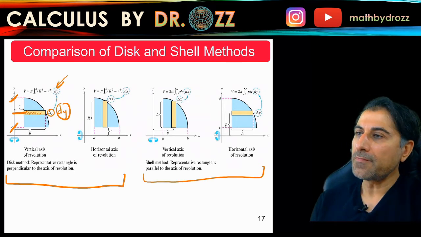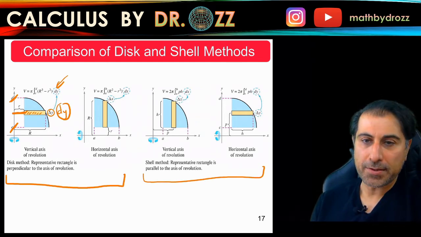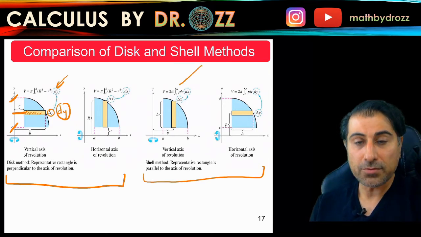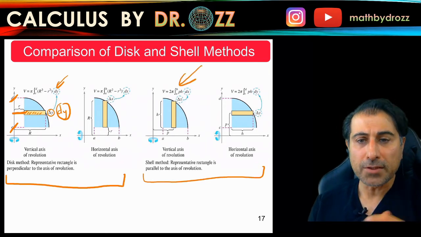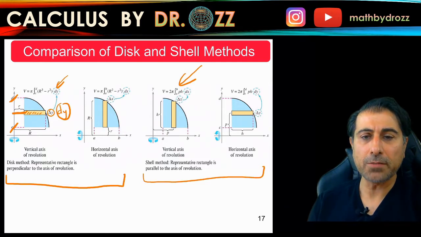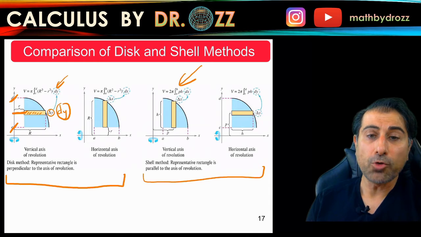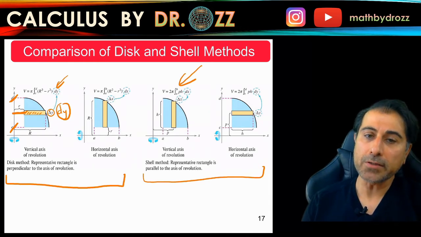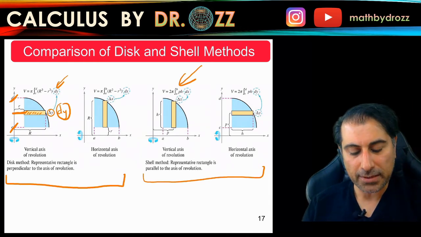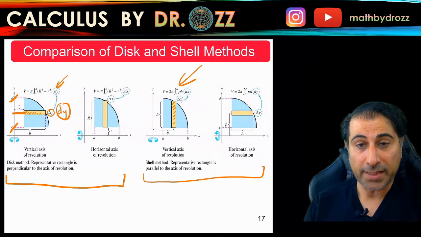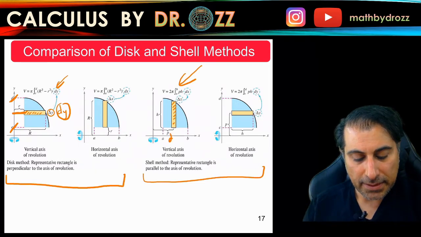If you want to use the shell method instead of the disk method, that means you're talking about this picture here, the same region, but again we're using the shell method, so that means we're going to have shells. In the shell method, we always take rectangles parallel to the axis of revolution. That's the reason why we take this type of representative rectangle that comes with thickness dx.